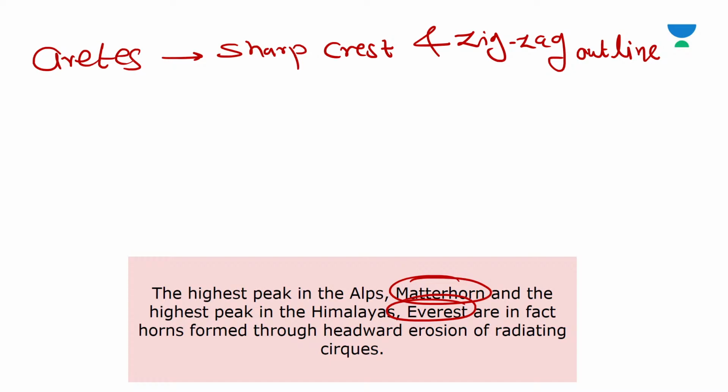Now friends, understand these two examples of the highest peaks in the Alps and Himalayas, Matterhorn and Everest respectively, are in fact horns formed through headward erosion of radiating cirques.